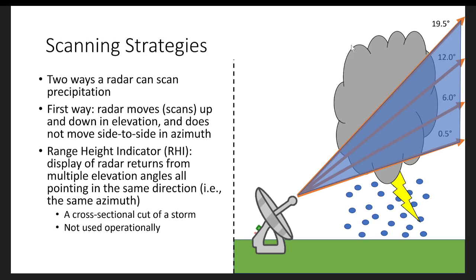And then the range height indicator is the display of radar returns from multiple elevation angles, all pointing in the same direction, i.e. the same azimuth. So it's like a cross-sectional cut of the storm, and it's a little confusing why they put this in here because they don't use this operationally. This radar beam is always spinning.